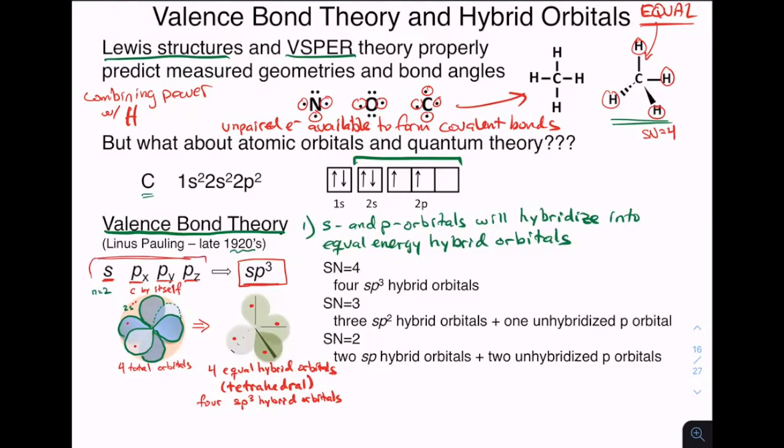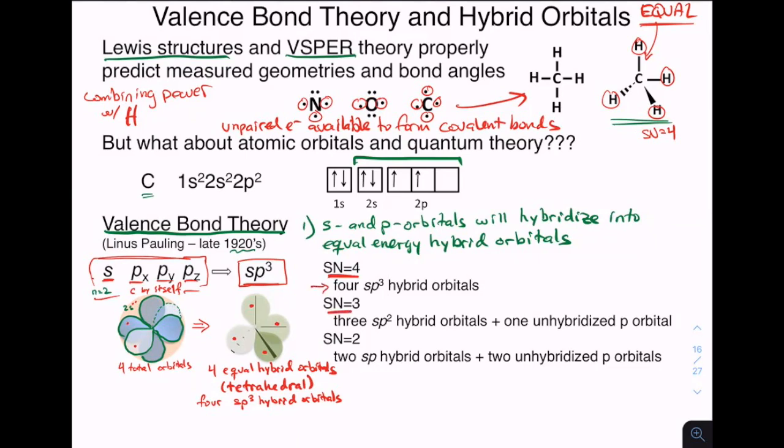In this new valence bond theory for covalent bonds, it's a different model to explain covalent bonding. We can take a look at all those 4 and describe what the hybrid orbitals would be depending on what kind of molecule carbon is in. So when carbon is SN4, like in methane, we will then have the 4 sp3 hybrid orbitals.